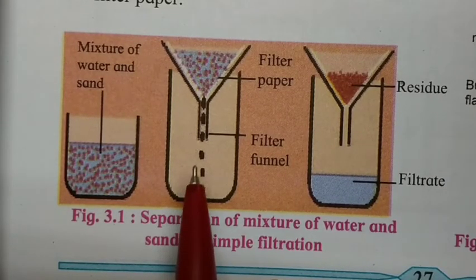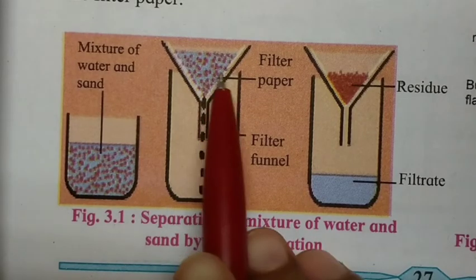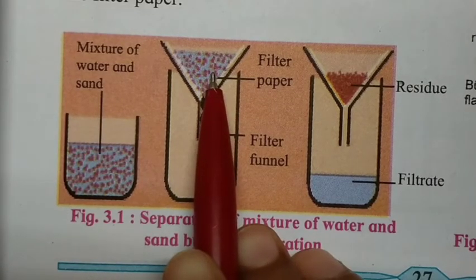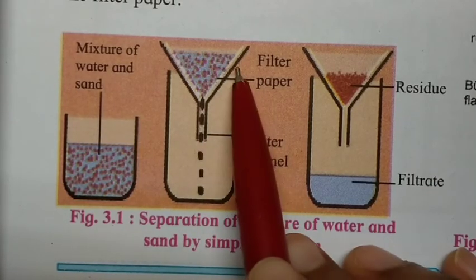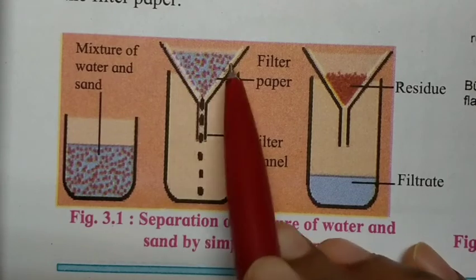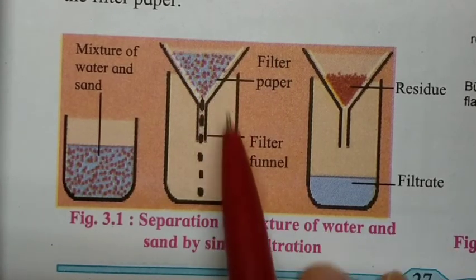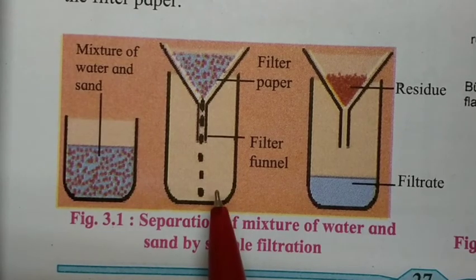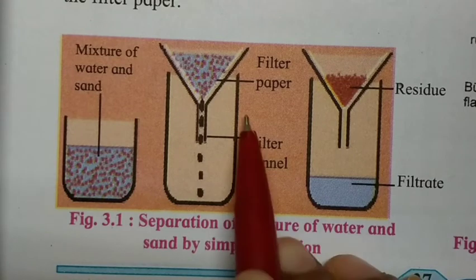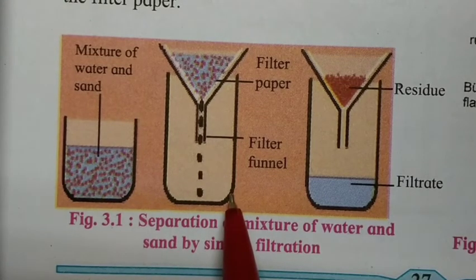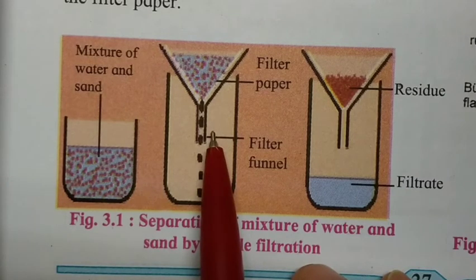A circular piece of filter paper is folded to form a cone and fitted in the filter funnel. This is the filter funnel, and this white colored piece is the filter paper. The funnel is fixed on a stand and the beaker is kept below it.